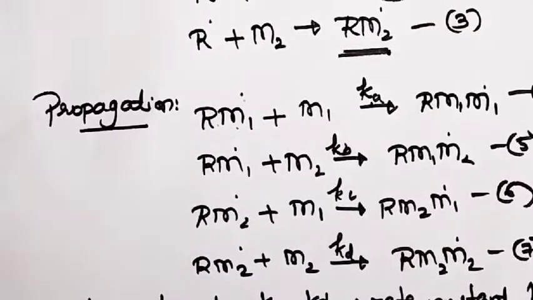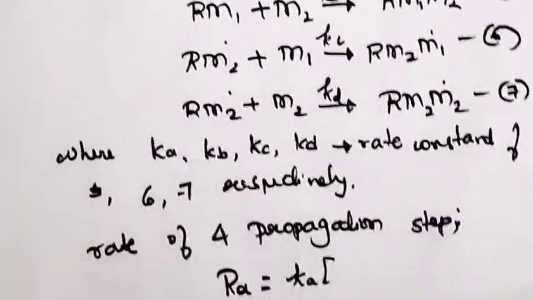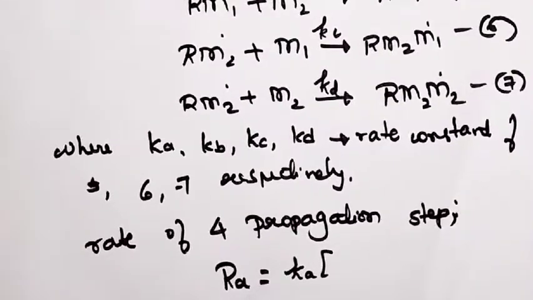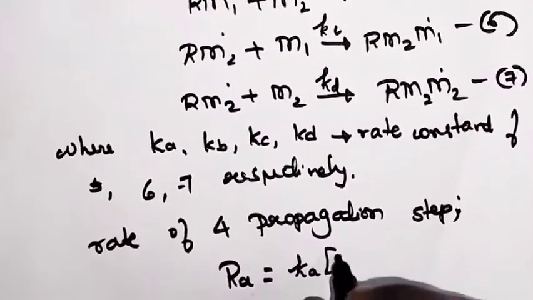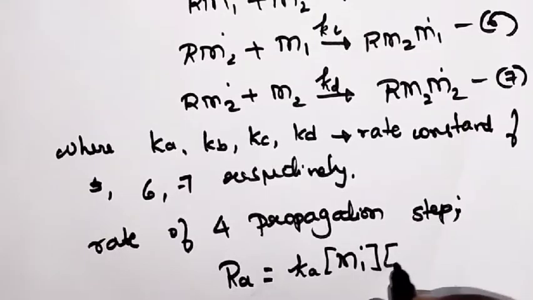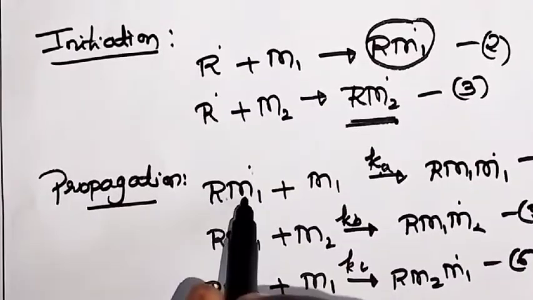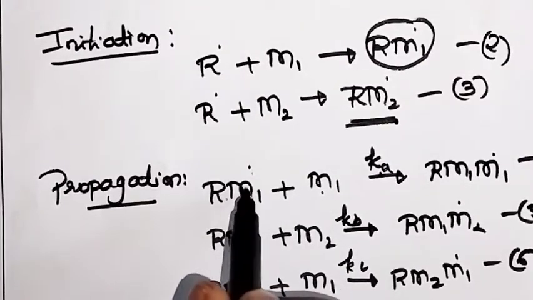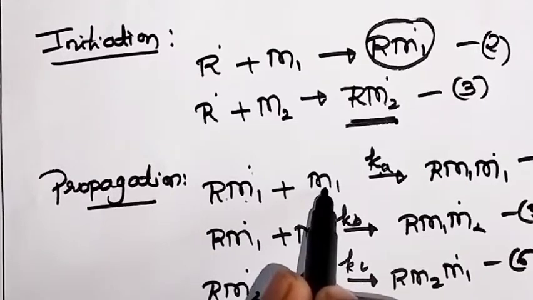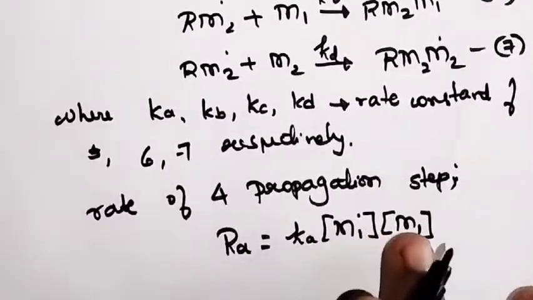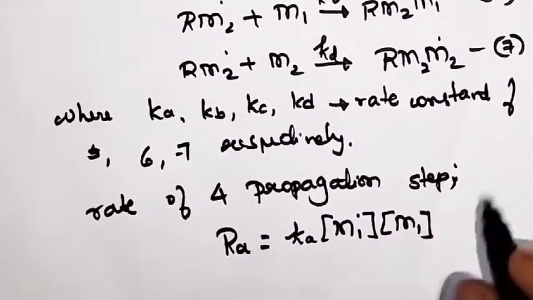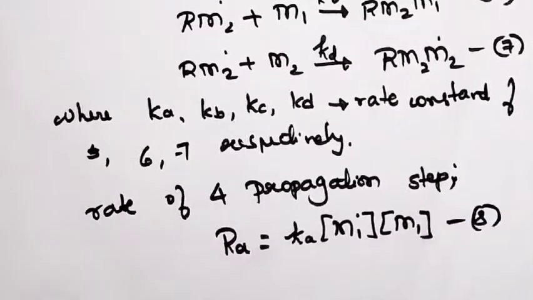You can write it, but it creates complexity in the final equation. That is why I am only writing M1 free radical and M1, because the free radical present on M1 is shifted over this M1. That is why I am considering only that one. This is my equation number 8.